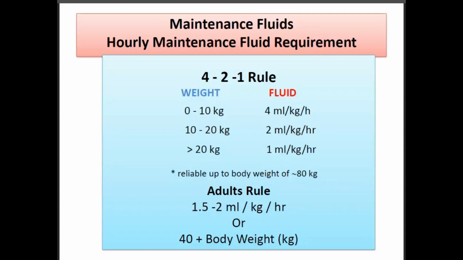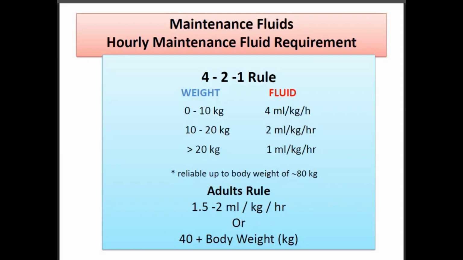So, for example, if you have a patient weighing 40 kilograms, then for the first 10, you give 4, so it's 40, plus the next 10, you give 20, so it's 40 plus 20 is 60, and the next 20 you give 1, so you give 20.